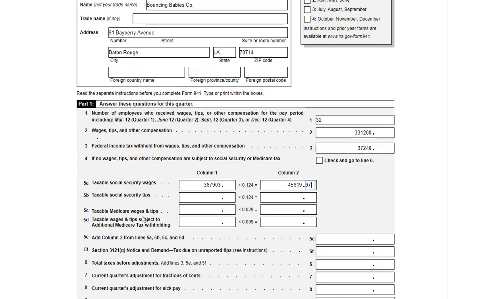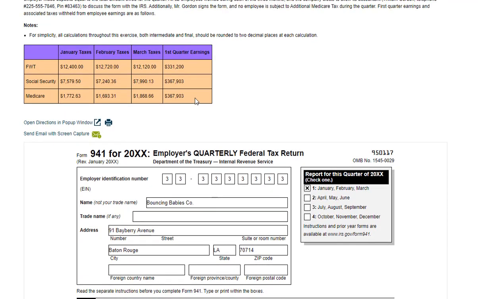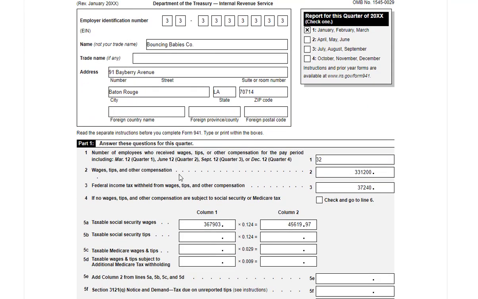5C is the taxable Medicare wages and tips. That amount is also in the data chart. 367,903 is the same figure as the Social Security tax wage. And here we multiply by 0.029, which is 2.9%. And 2.9% is the double of the normal Medicare tax of 1.45%.